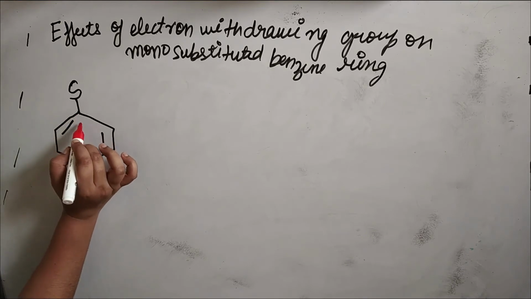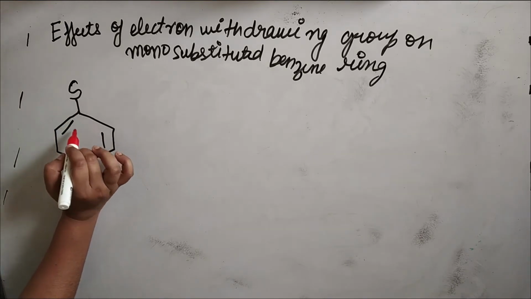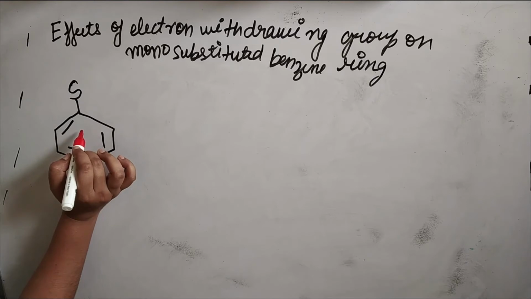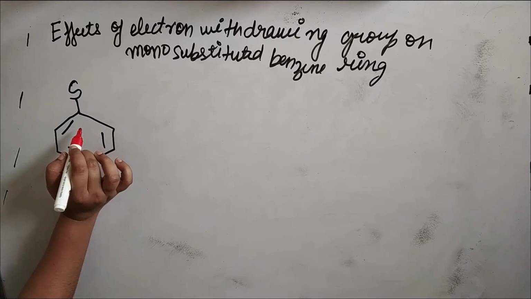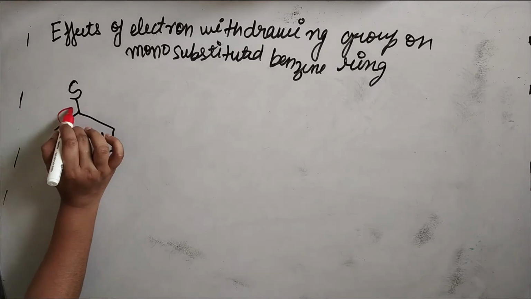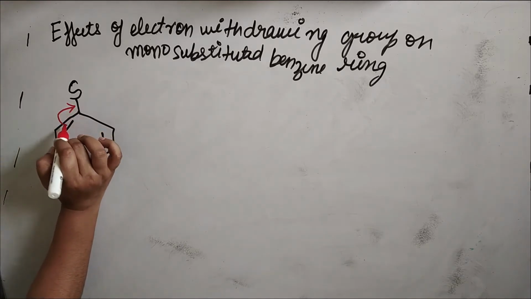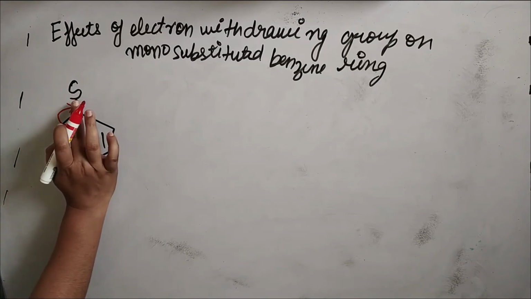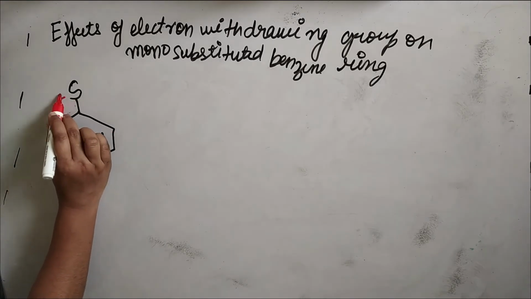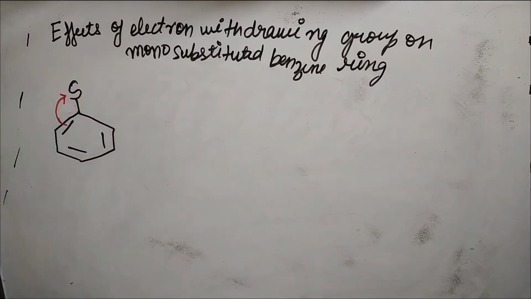This electron withdrawing group will try to withdraw electrons from the benzene ring and will somehow destabilize the resonating structure of benzene. So let's see if it takes the electron from this bond. This bond will break and the electrons will move to this S group, because it is an electron withdrawing group.